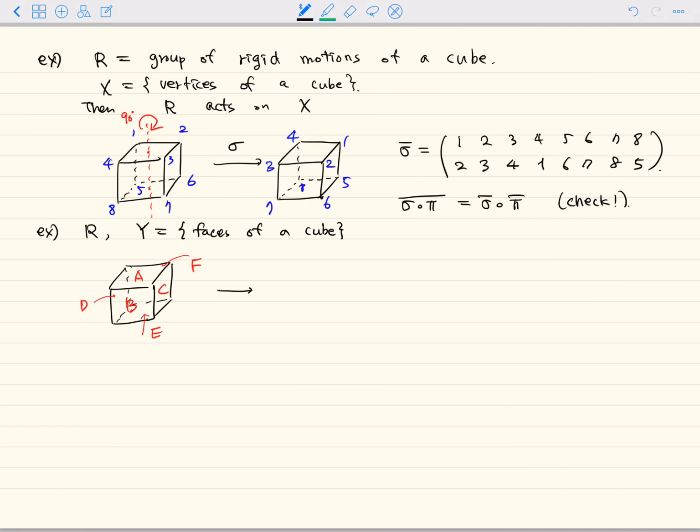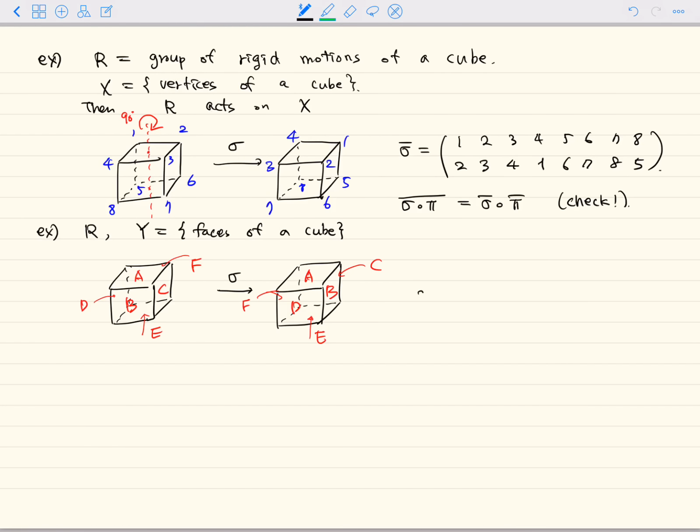And if you do the same operation sigma, then what we get is that A stays there, E is still the same, and B is now in the previous position of C. So C is in the back, F is on the left, and D is in the front.